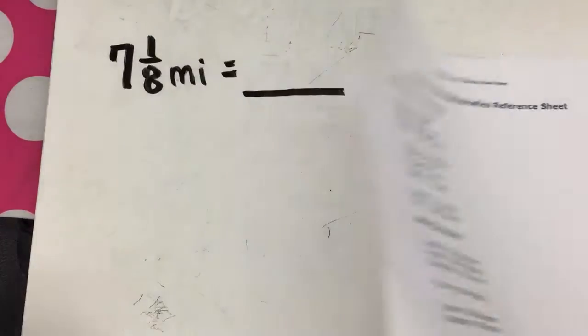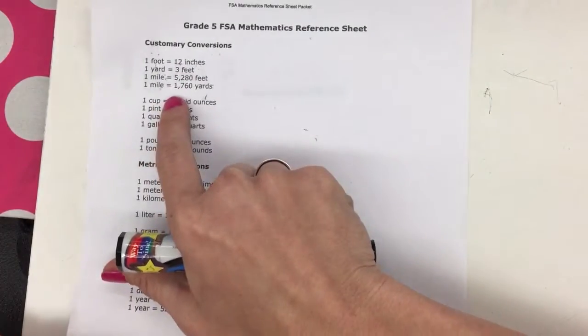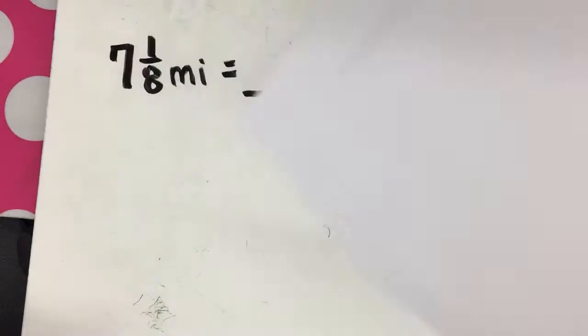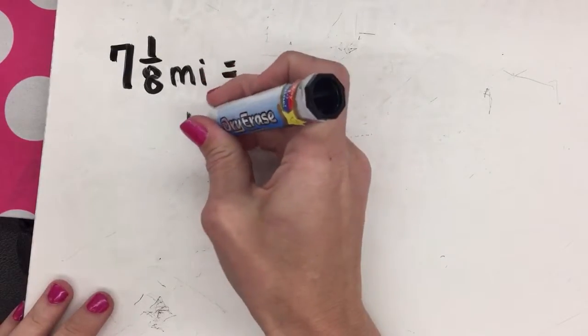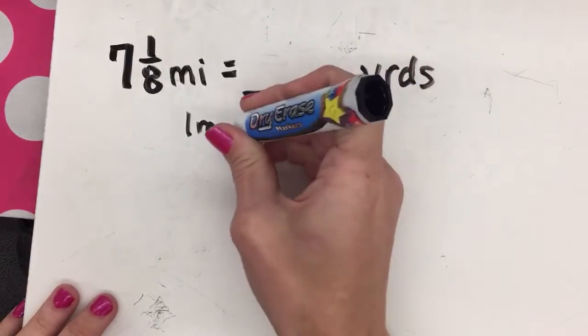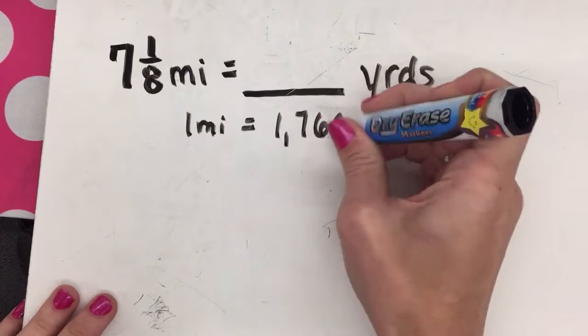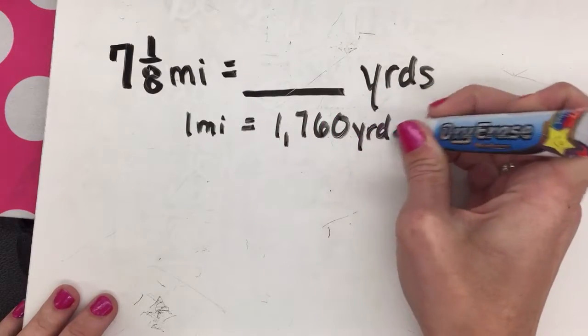So I'm going to need to multiply the 7 1/8 miles between their two houses by 1,760 yards in each mile. So 1 mile is equivalent to 1,760 yards.